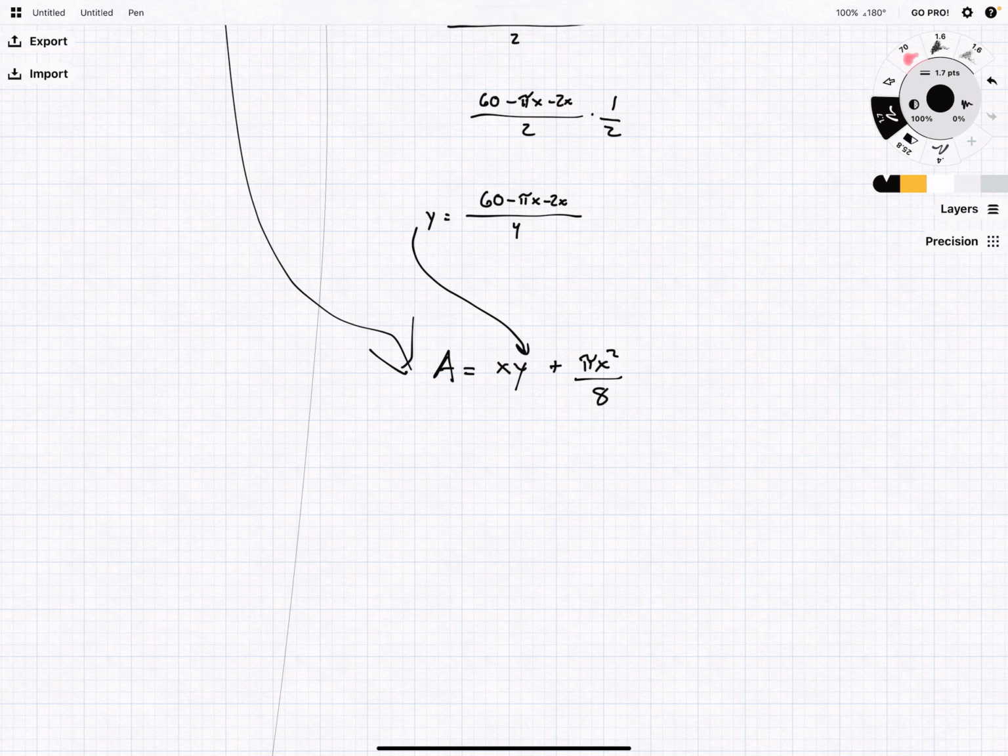So let's get that going. We have A equals x times y, and y in this case is 60 minus pi x minus 2x all over 4, plus pi x squared over 8.